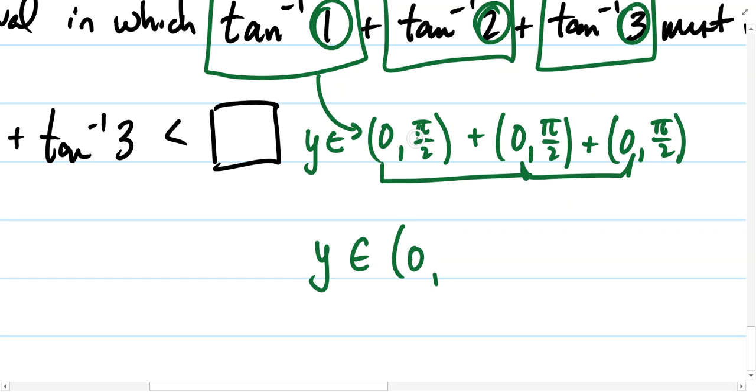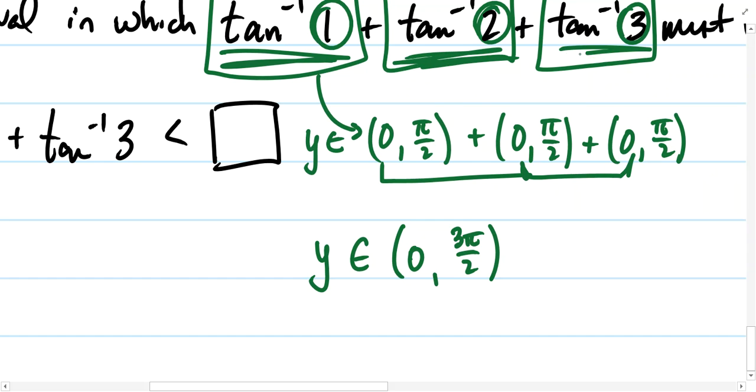And if I had an answer in each of these groups that's on the high end, close to pi over 2 each time, well, after I add those three together, I get 3 pi over 2. So pi over 2 plus pi over 2 plus pi over 2 is 3 pi over 2.